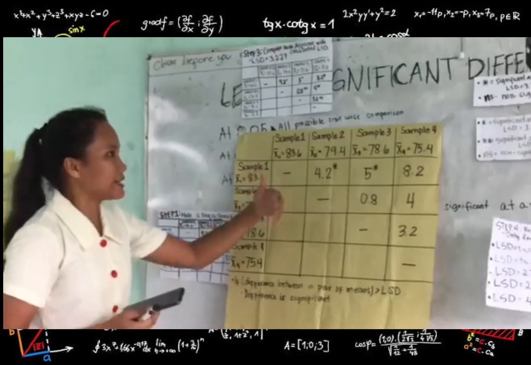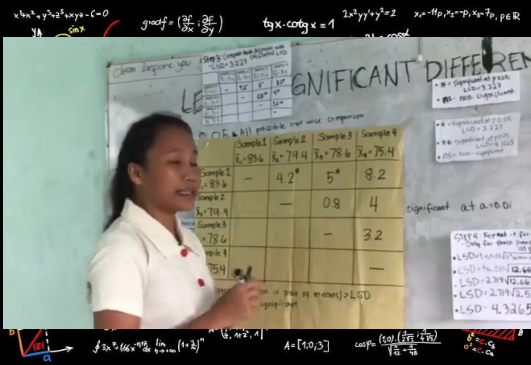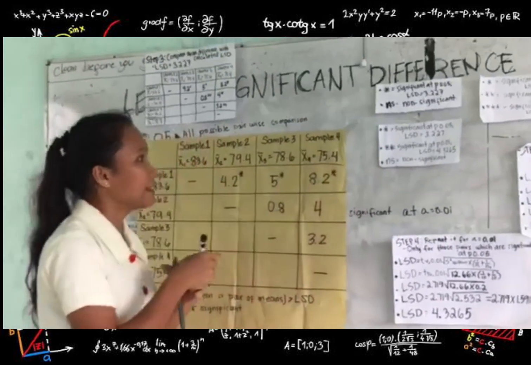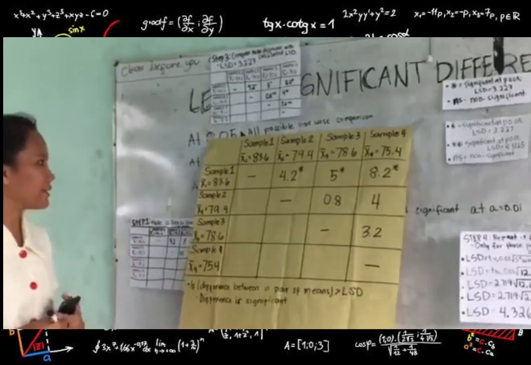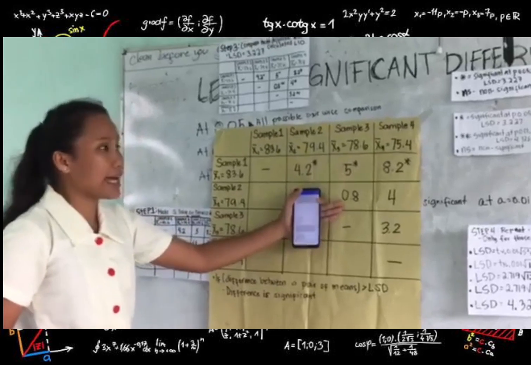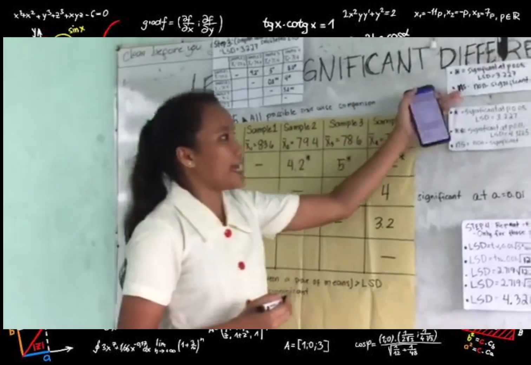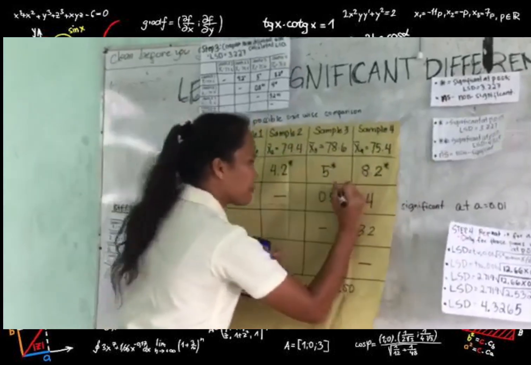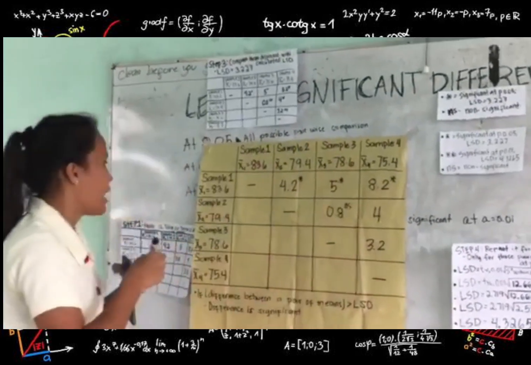Sample 1 and sample 4 gets an asterisk. Sample 2 and sample 3 gets NS, which symbolizes non-significant.